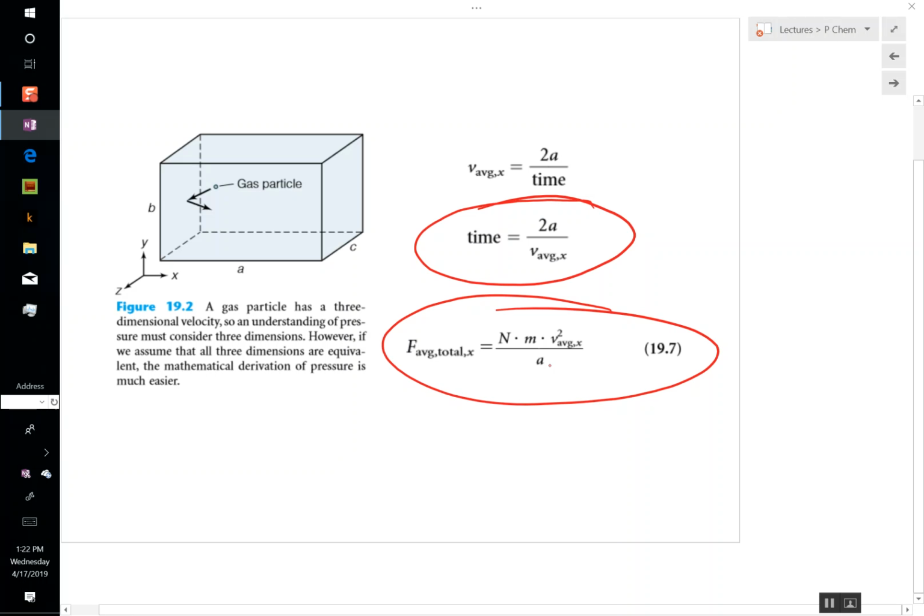But the 2 has to do with the fact that the delta V average is going to be 2 times the V average in the x direction.